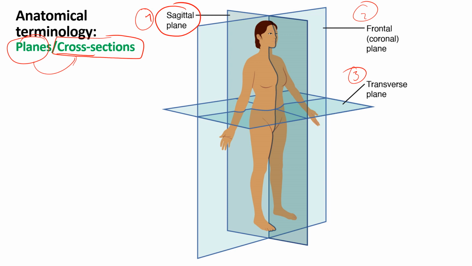So sagittal cross section, we cut the body in half. We separate both halves. We're going to have right and we're going to have left. If we cut the body in a coronal cross section, we're going to have two pieces.